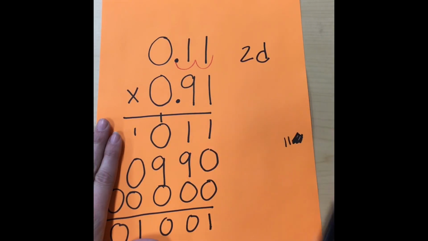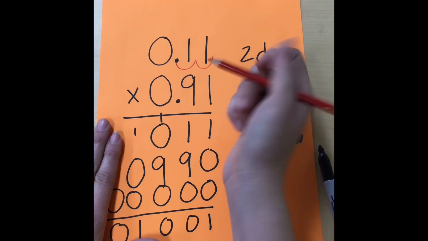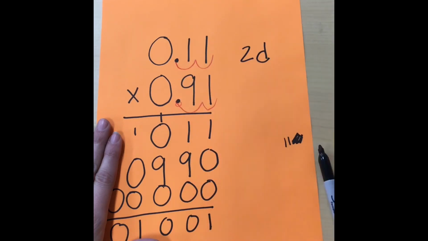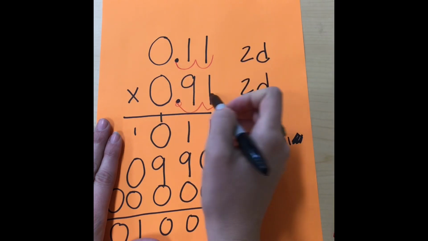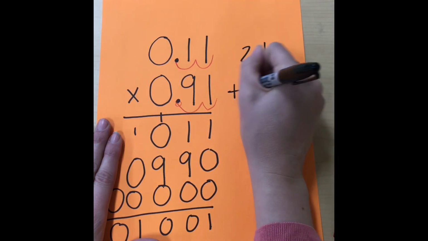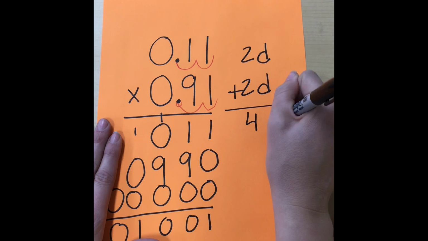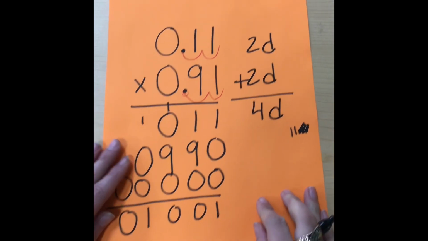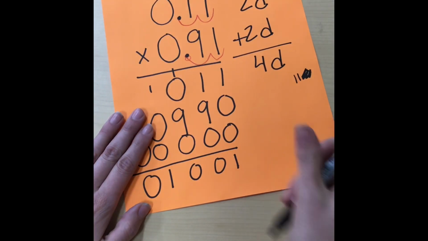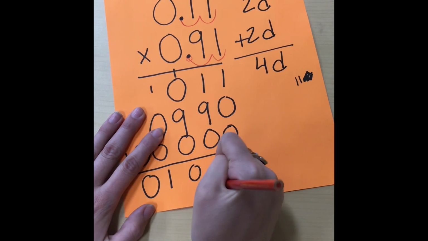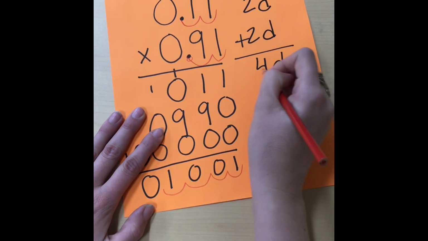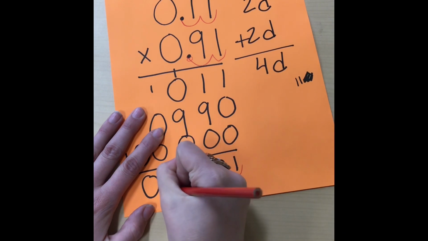Now we're going to do it again right here. It has moved in 1, 2 spots. Okay, 2 spots here, 2 spots there. Add it together and you get 4D or 4 decimal spots. Okay, so in the answer, I'm going to do 1, 2, 3, 4, just like it says, decimal spots.